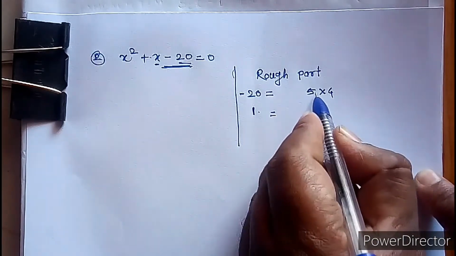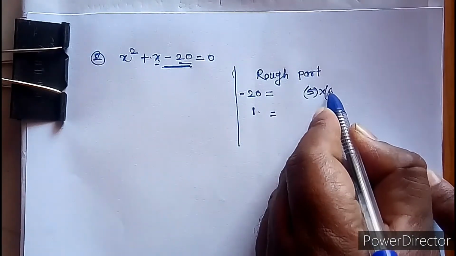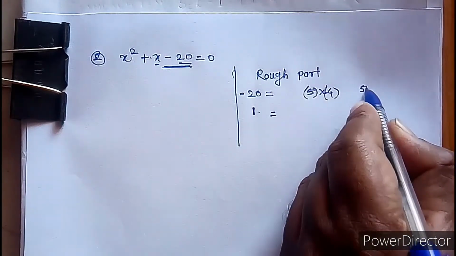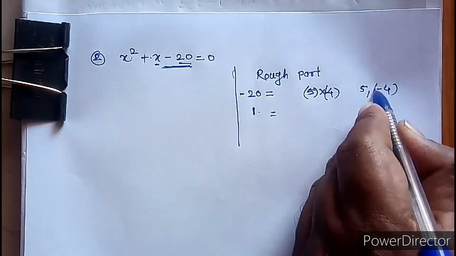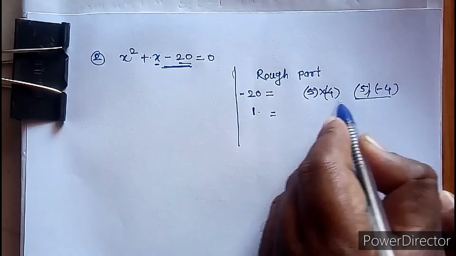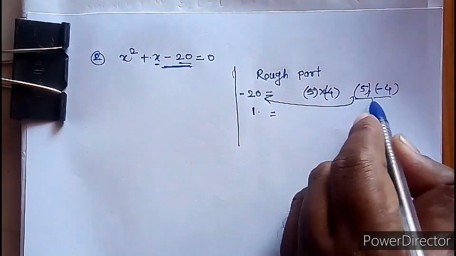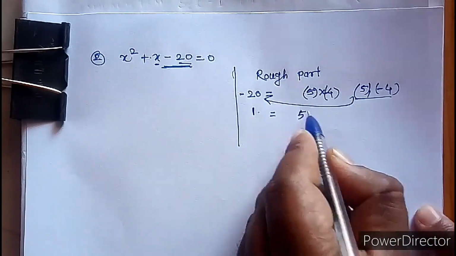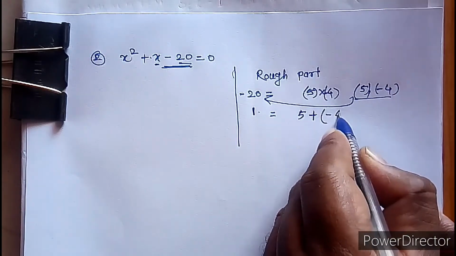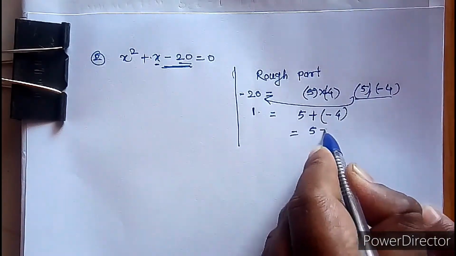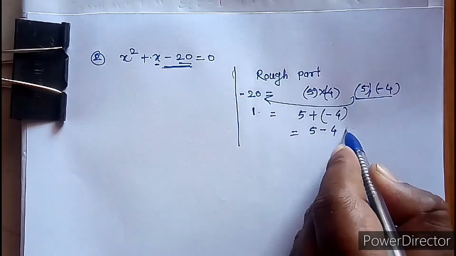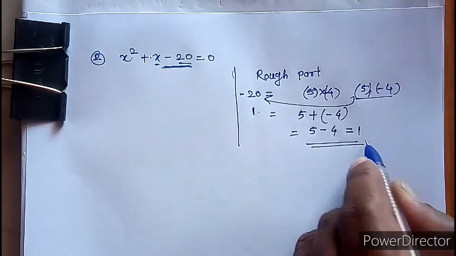Here the factors may be 5 and minus 4. The multiplication of 5 and minus 4 will be minus 20, and here the sum, that is 5 plus minus 4, that is 5 minus 4, equals 1, which means these factors are allowed.